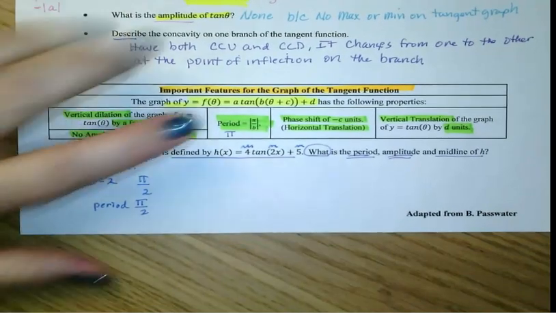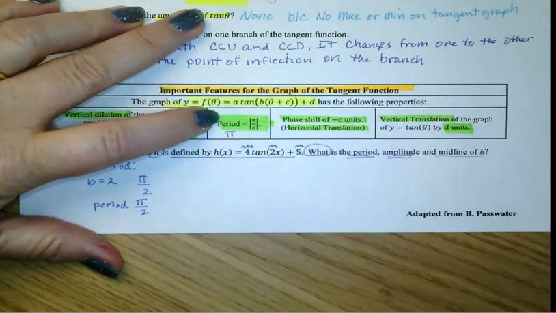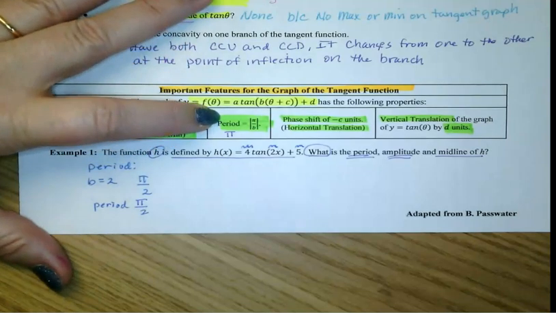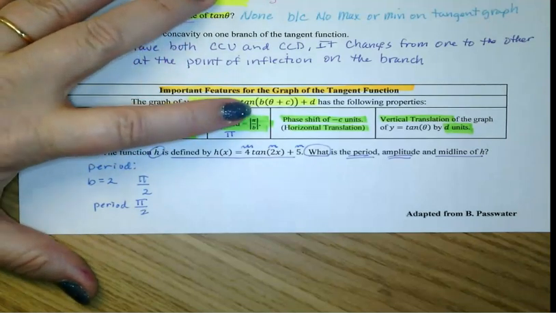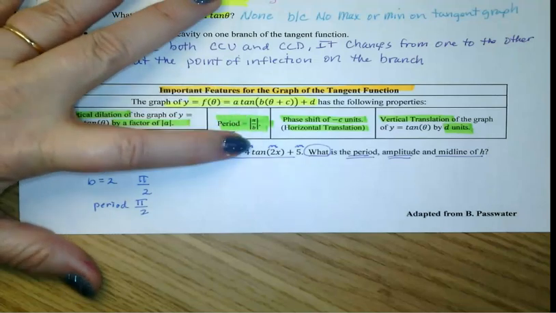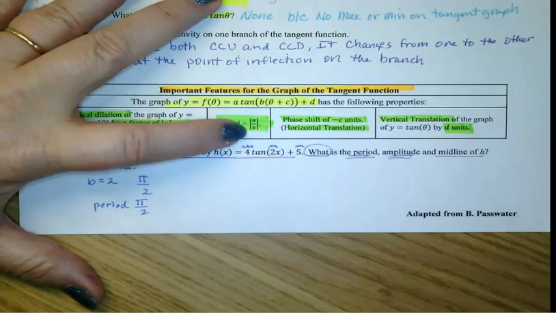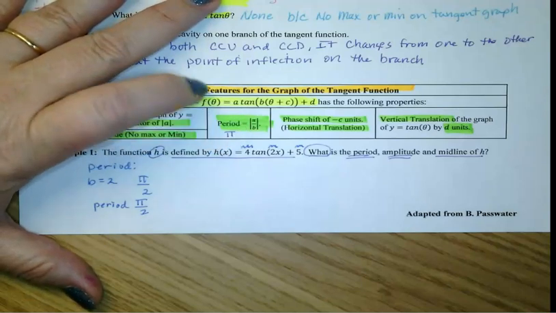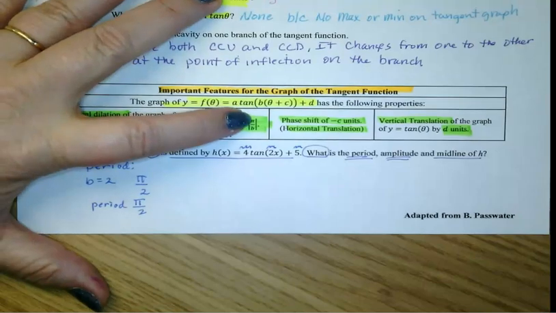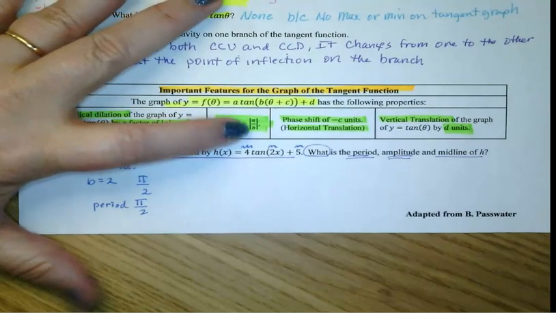So it's really just using this conversion fact. Because I knew the original period was pi, and I knew my b value was 2, I can make that conversion. So the whole period is pi over 2. I'm going to cut my period of pi in half, basically.